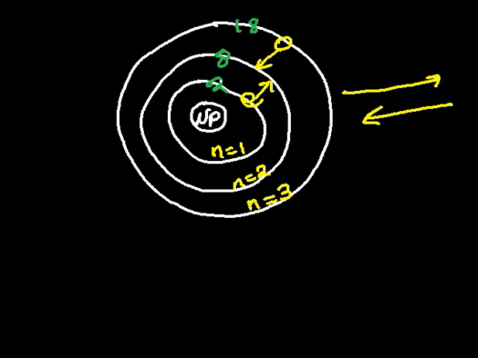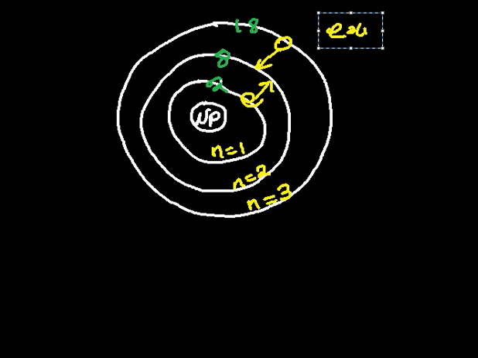And when the electron has moved to the upper energy level, we say it is in the excited state. That is when the electron has moved from lower energy level to the upper energy level.